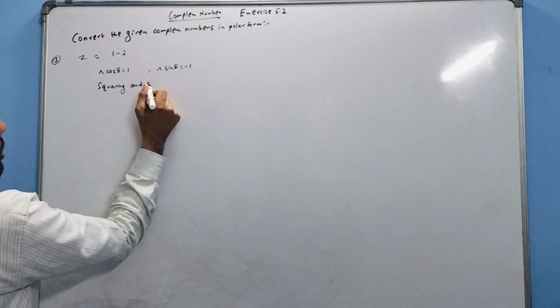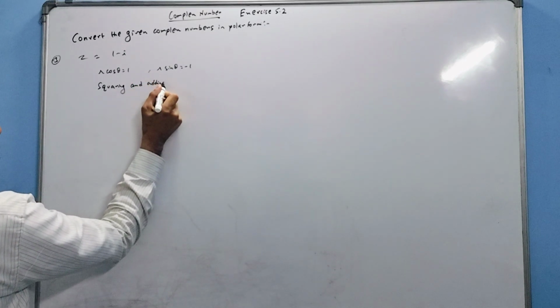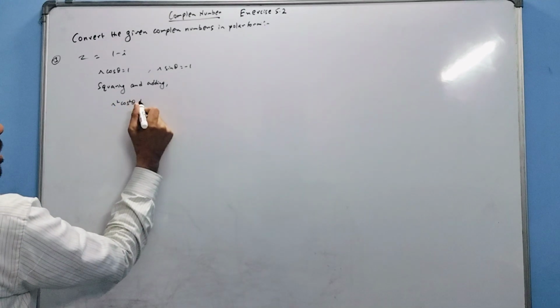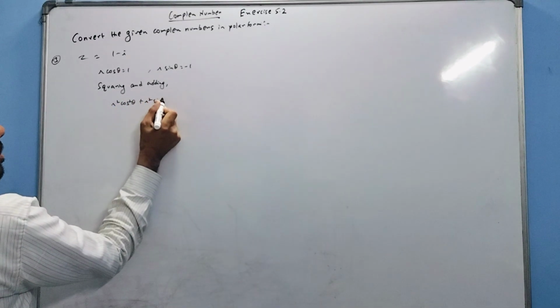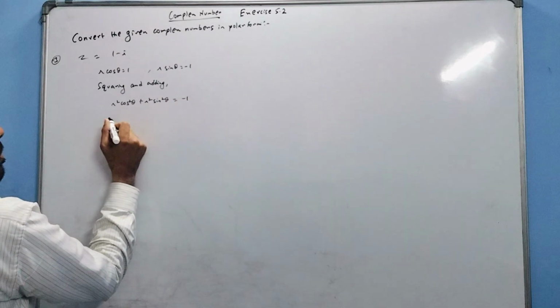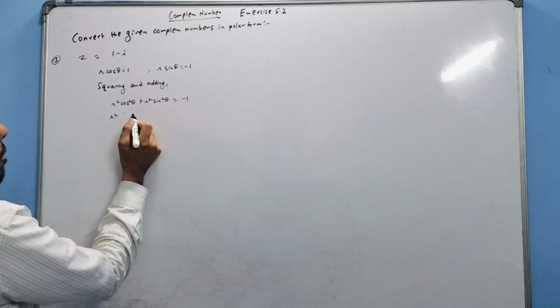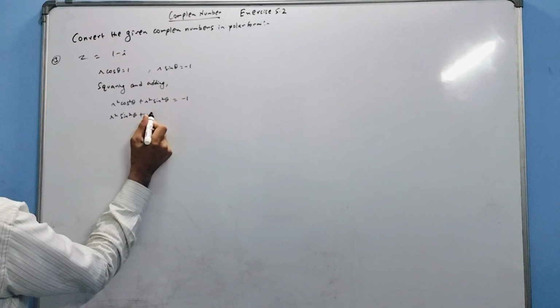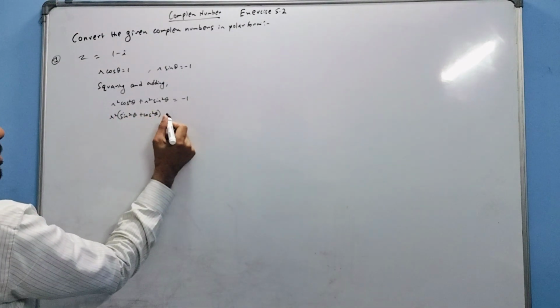So r square cos square theta plus r square sin square theta is equal to 1 plus 1. We take r square common, so we have r square into sin square theta plus cos square theta.